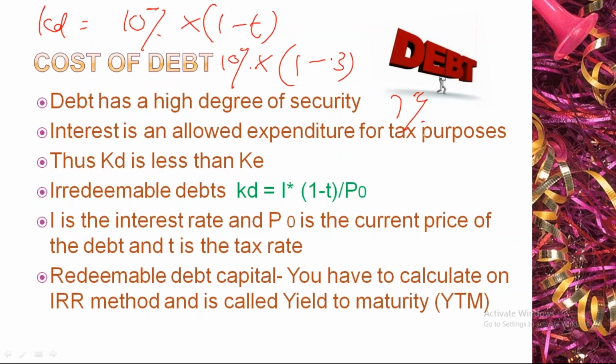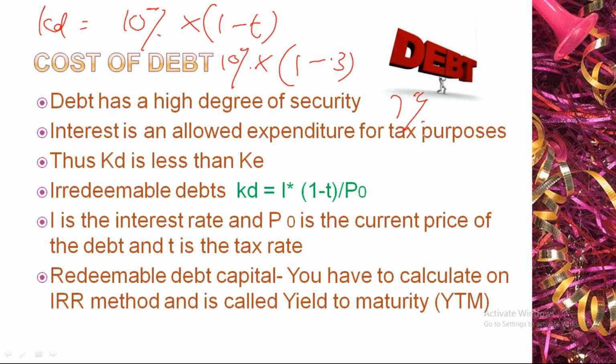Kumar, sorry, could you say that again? Because I couldn't hear you. Okay, sorry. What I said was, if the bank is charging you 10% interest on your bank loan, and if the tax rate is, shall we say, 30% for the company, the cost of debt is the 10% interest rate times (1 minus T).